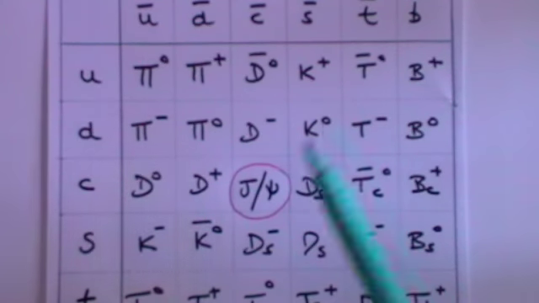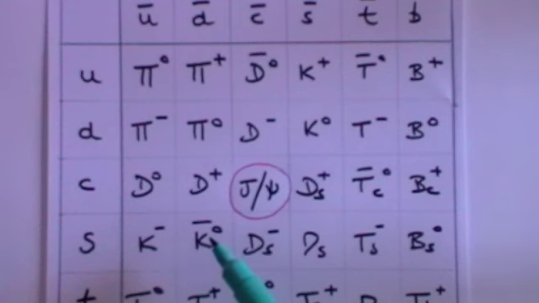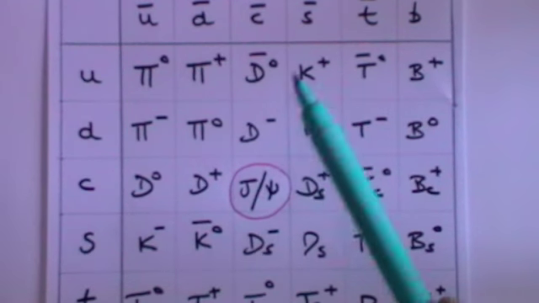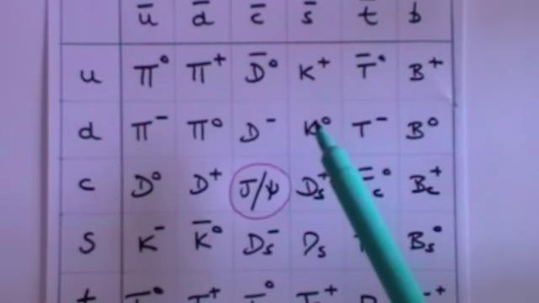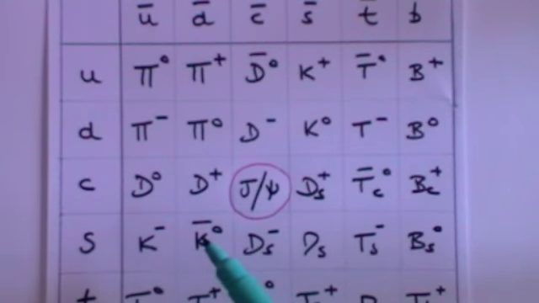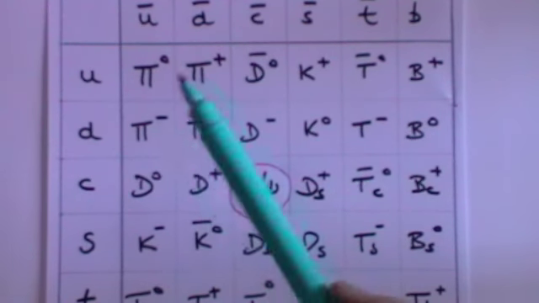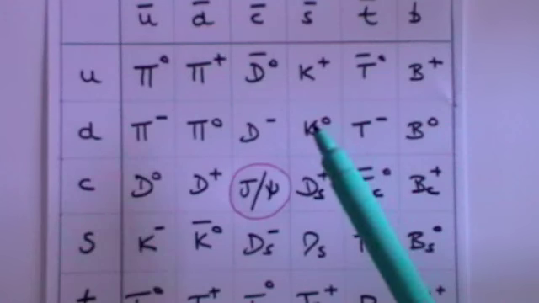The Ks, you'll notice, all have strange particles. They are either the strange anti-up or anti-down pairs, or they are the up-down anti-strange pairs. But when you only had ups, down and strange on the agenda, then you had the pions and the kaons.